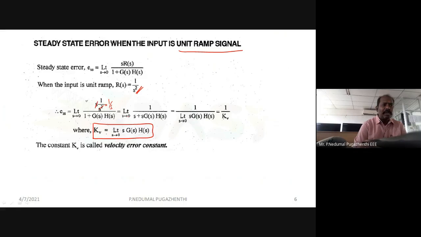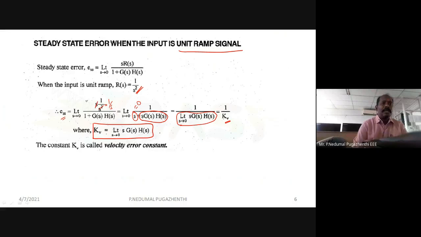And if you substitute s equal to 0, obviously there is going to be an effect only in this part, because this s is going to be 0. So don't worry about this s. Only this part has an influence over the function. So limit s tends to 0 has an effect only in this part of the denominator. So 1 by limit s tends to 0, s into G of s H of s. Already we know s into G of s H of s, limit s tends to 0, is called Kv. So 1 by Kv is the value of steady state error for a unit ramp input.